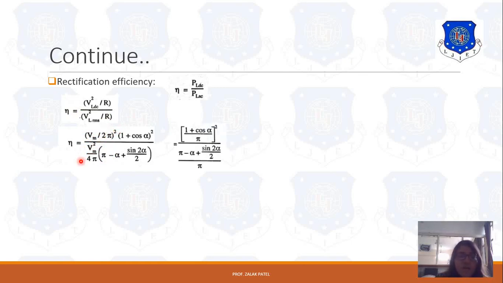So the term of eta will be (1 plus cos alpha) square upon pi square, and this term remains as it is, (pi minus alpha plus sin 2 alpha by 2) upon pi. You can cancel one pi from this equation. So the final rectification efficiency is (1 plus cos alpha) square upon pi into (pi minus alpha plus 1 by 2 sin 2 alpha).